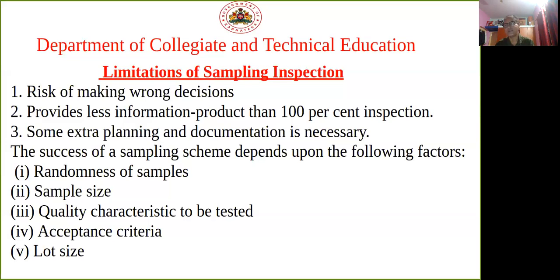This acceptance criteria is nothing but the acceptance number, which is denoted by C, the lot size is denoted by the capital N, and the sample size will always be denoted by the small letter n. So these are the limitations of the acceptance sampling inspection.